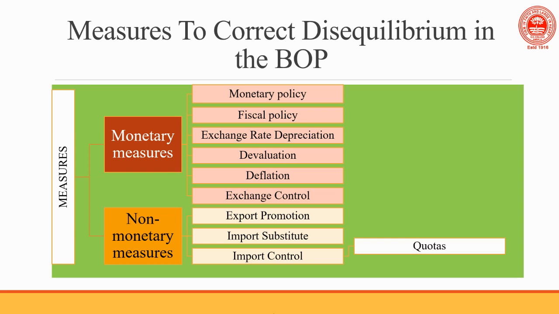For example, under the quota system, the government may fix and permit the maximum quantity or value of a commodity to be imported during a specific period. By restricting imports through the quota system, the deficit is reduced and the balance of payments position is improved.